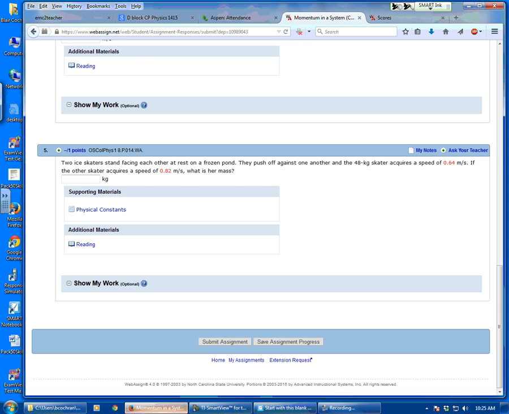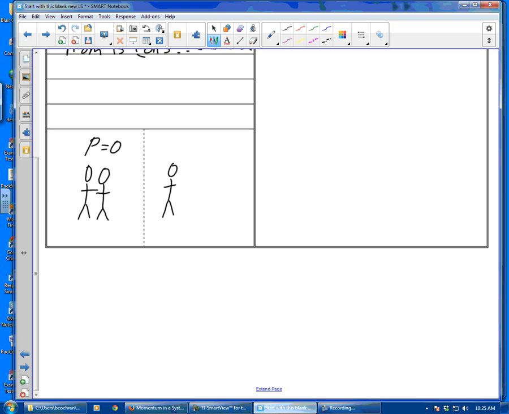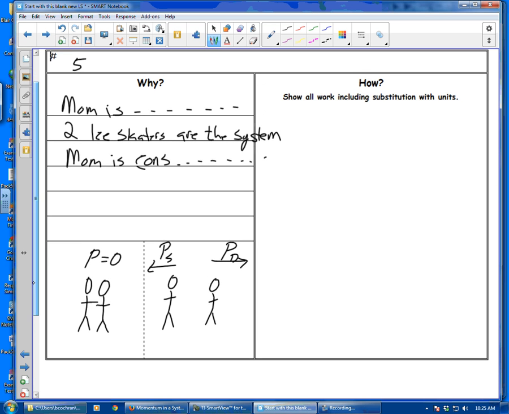Skater and dater. Thank you, gentlemen, for getting that reference. We're going to call this one dater, and this one skater. And they would have momentums in the opposite directions of each other. There's a nice complete why for you.